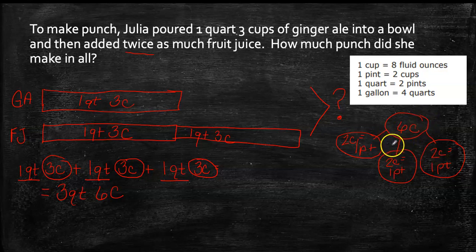How many pints can make a quart? These 2 pints together can equal 1 quart. So I could add 1 quart to my 3 quarts, and I would have 4 quarts. And how many cups would I have left?